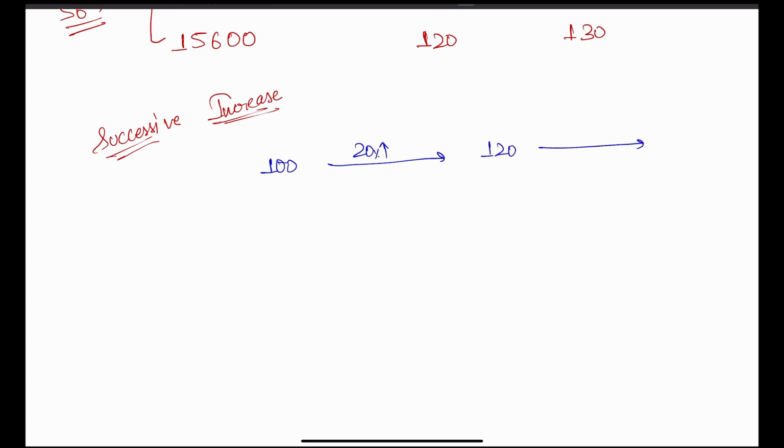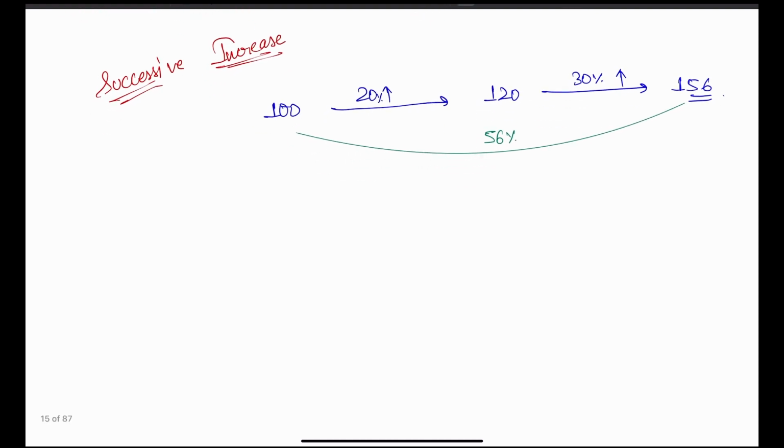And then this 120, if I increase by 30% again, 30% is 12 into 3, 36. 120 plus 36 is 156. We got the same answer, and that is nothing but the 56% change.